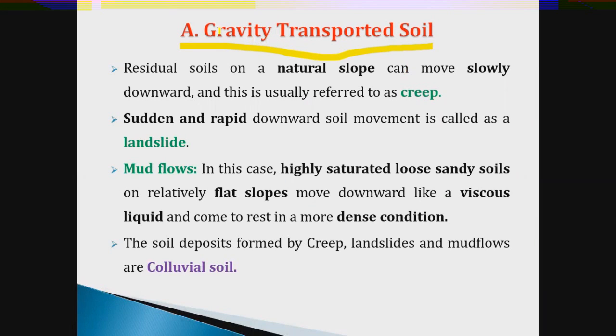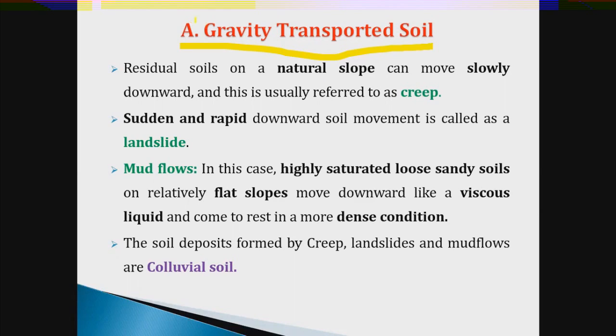In this, gravity is the agent which results in the transported soil. Gravity acts through the slope, or the difference of levels among different points, which results in the transportation of weathered material.